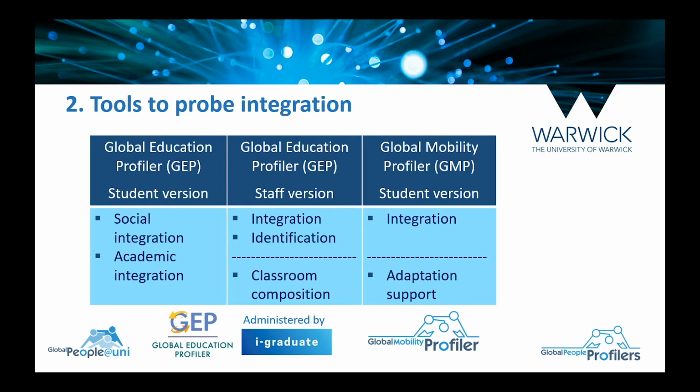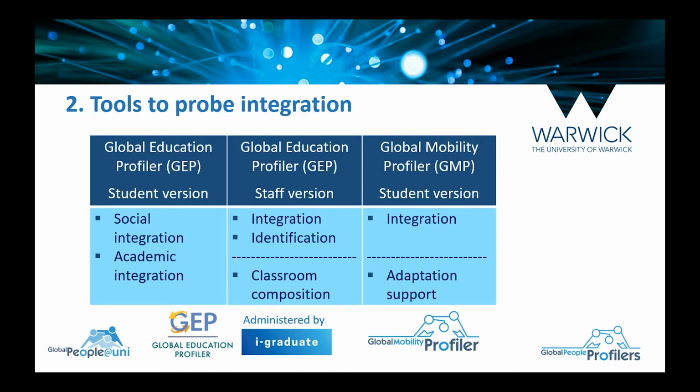So, what tools then can probe integration? I introduced to you last time in the number 2 webinar in this series the Global Education Profiler, the student version, and that has 2 constructs, social integration and academic integration.